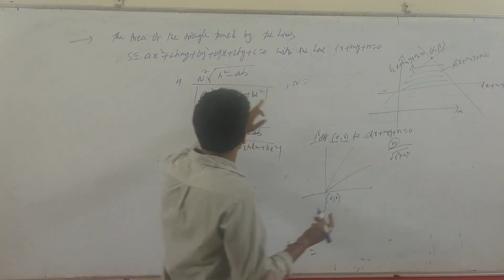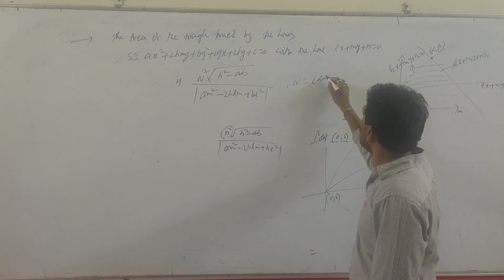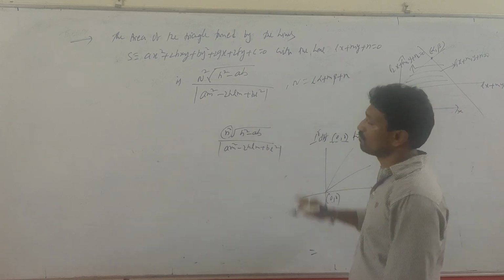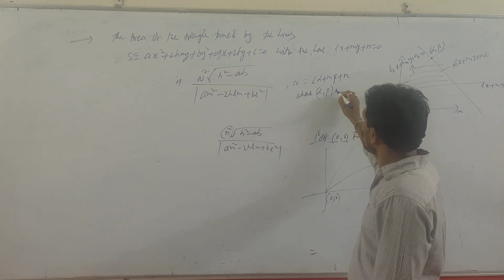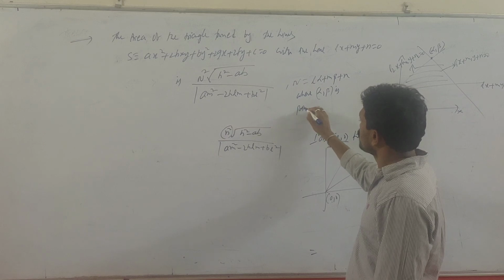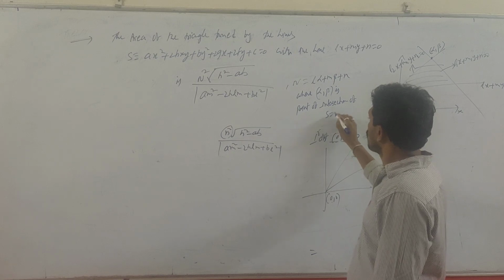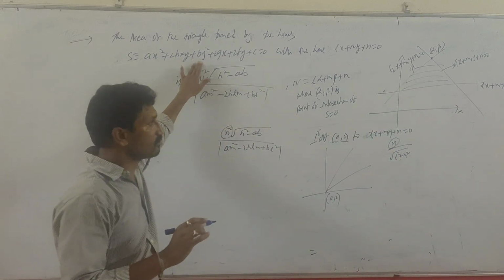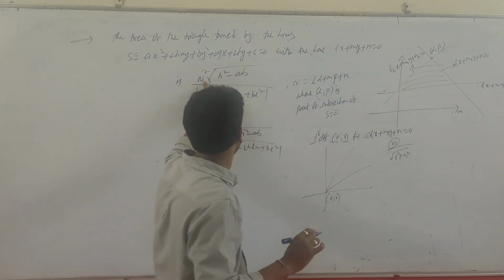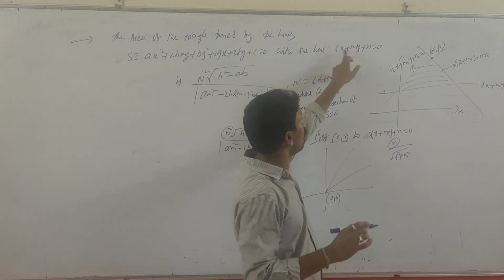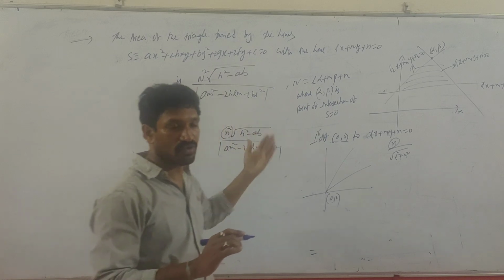So find that alpha comma beta and substitute in the given equation, that is L alpha plus M beta plus N, where alpha comma beta is the point of intersection of S is equal to 0. S means here the pair of straight lines. This pair of straight lines' point of intersection is alpha comma beta, and this alpha comma beta substituted in this one is nothing but n. So this n is nothing but L alpha plus M beta plus N whole square, where alpha comma beta is the point of intersection of the given pair of straight lines.